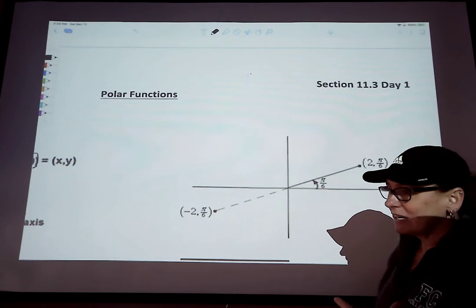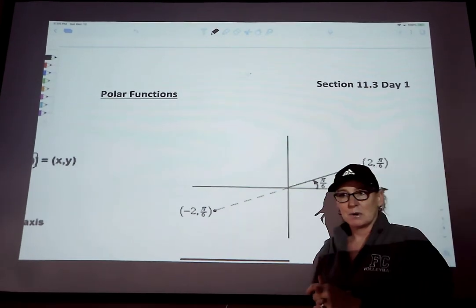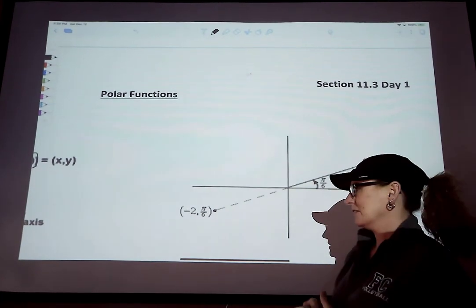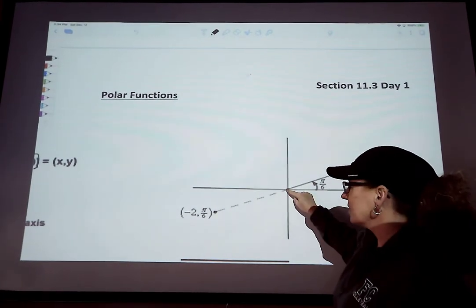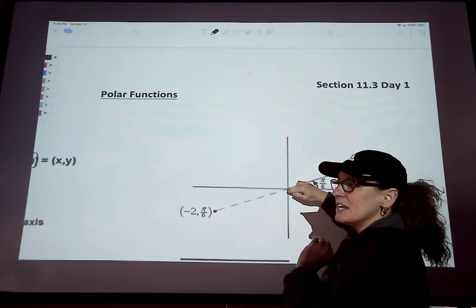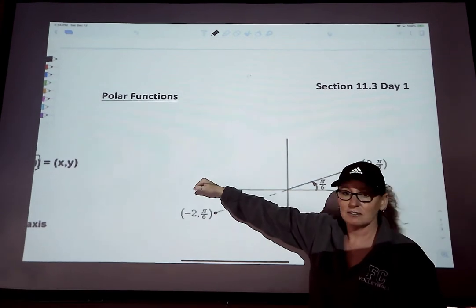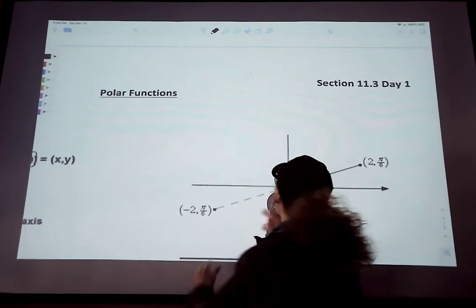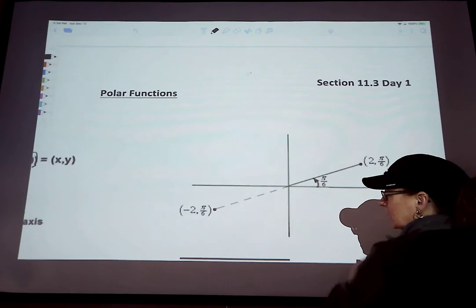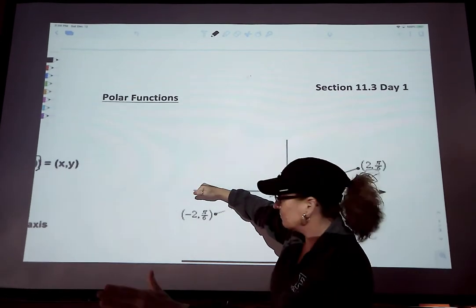The other way, and I kind of like this way better. I don't know how pre-cal students would handle it, but you all can handle this. Start here. Go the negative direction on your x-axis. So come out here a distance of -2. Remember how positive angles go in this direction?